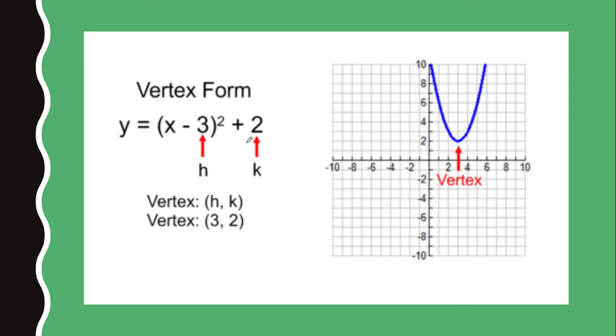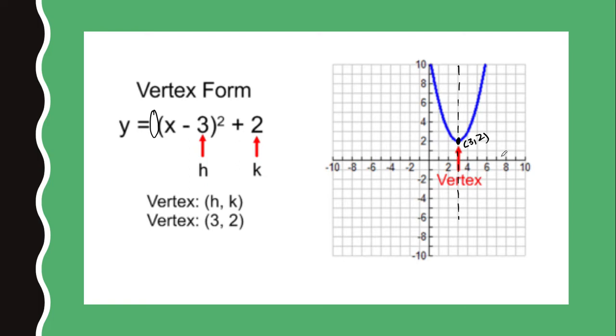So (3, 2) is my vertex. I know this is an upward facing parabola because my a value is positive 1. Since you don't see anything there, I know it's a positive 1. And so I'm going to graph my vertex at the point (3, 2). I know my axis of symmetry is right there.